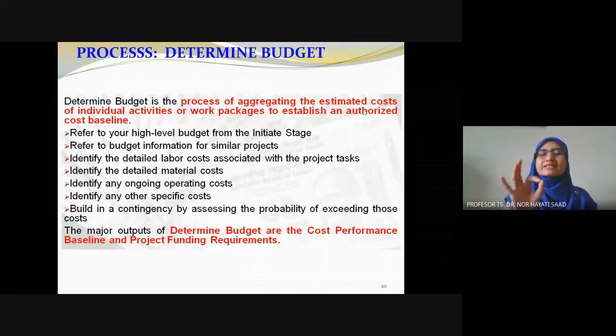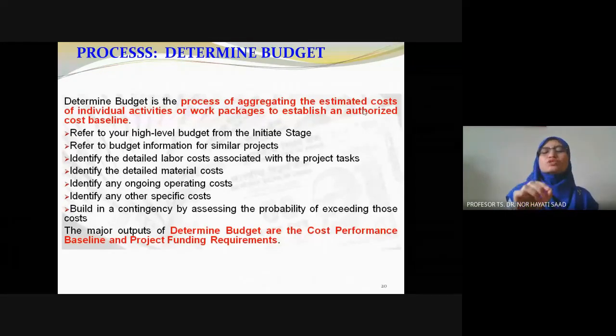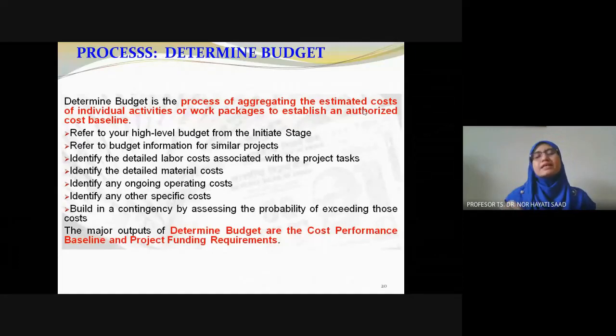This cost baseline needs authorization from the company; the boss needs to sign. That is the cost baseline, and we should manage the project based on it. So how do we do that?